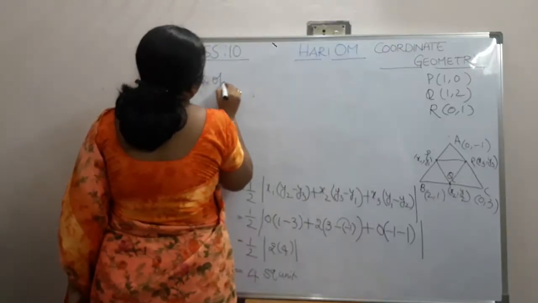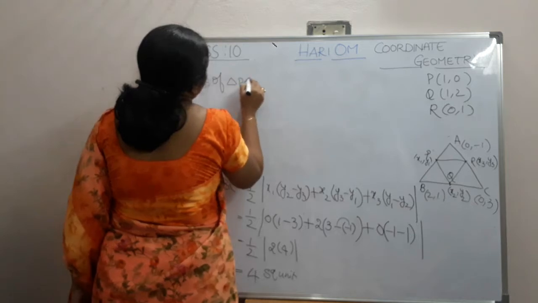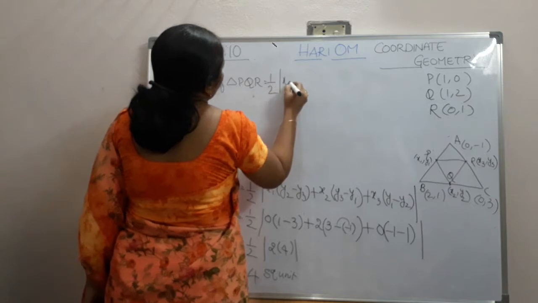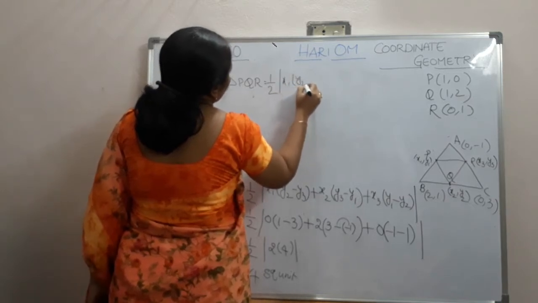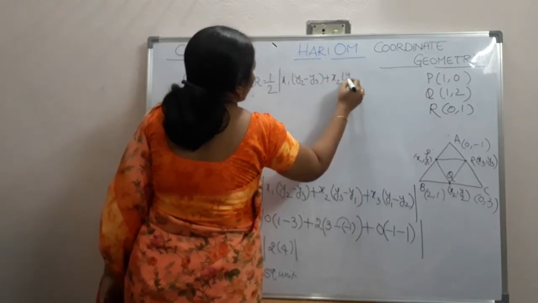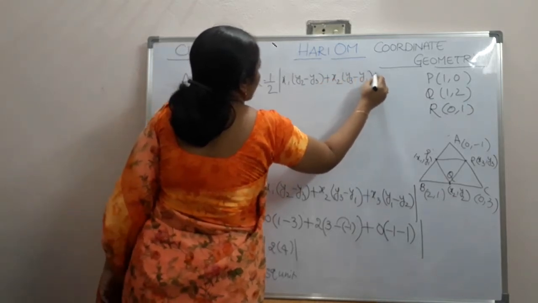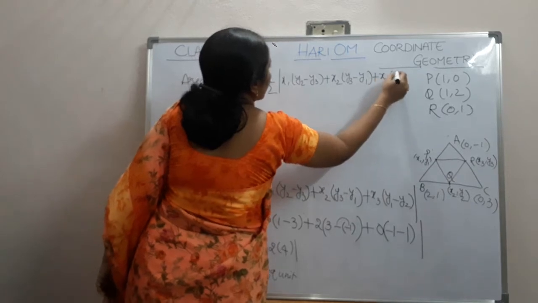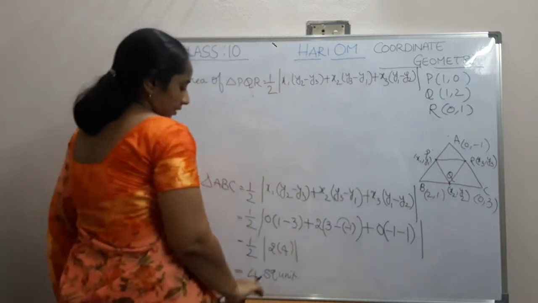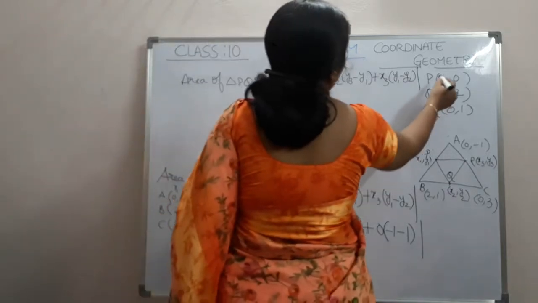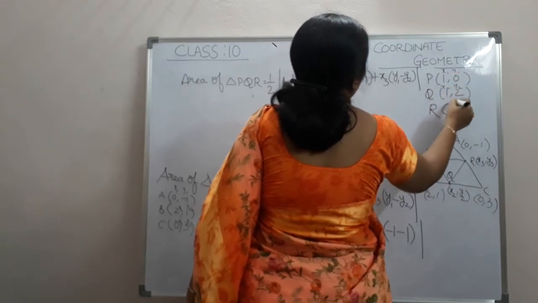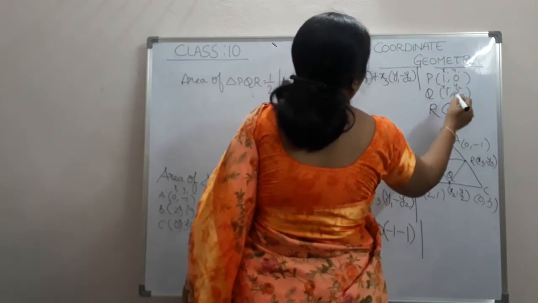Area of triangle PQR is equal to half modulus of x1 (y2 minus y3) plus x2 (y3 minus y1) plus x3 (y1 minus y2). Here in this PQR, x1 y1, x2 y2, x3 y3.